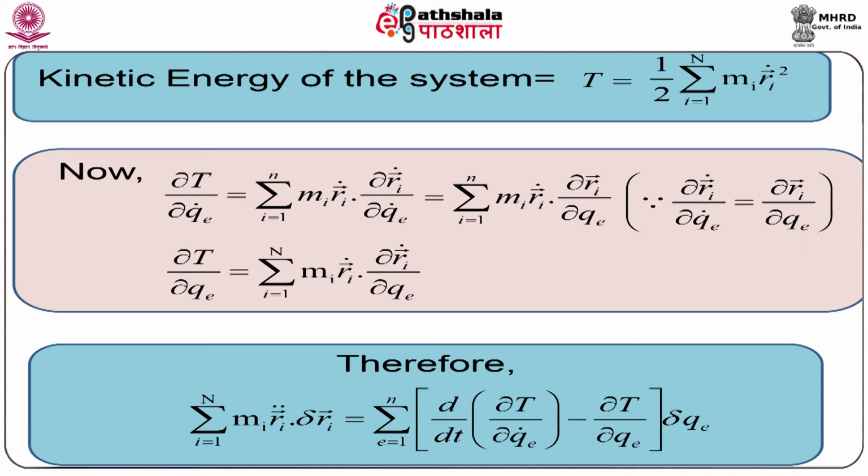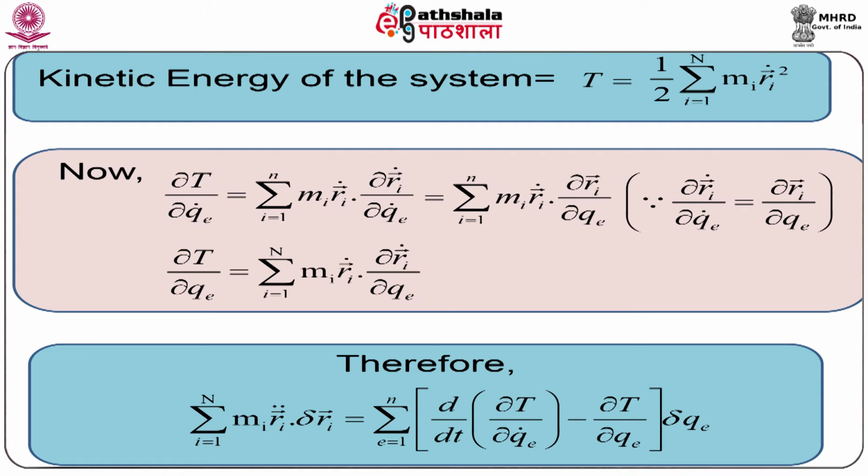If we differentiate capital T partially with respect to qk dot, then we get del T by del qk dot equal to summation over i of mi Ri vector dot del Ri vector dot by del qk dot. From this we get this result after differentiation.